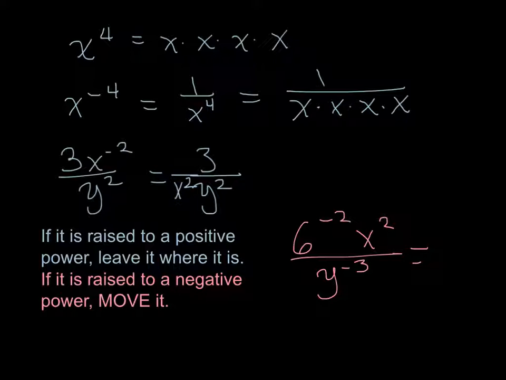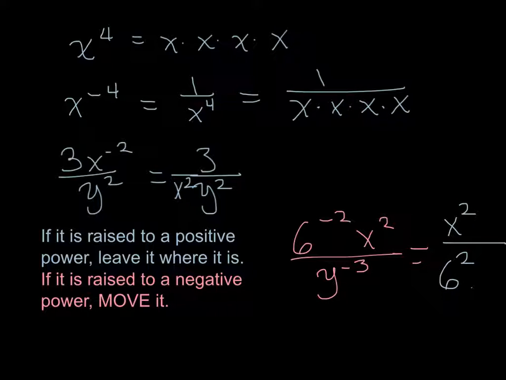Okay, so first of all, I have 6 to the negative second. I'm going to go ahead and now move that down into the denominator, and it will become 6 to the second in the denominator. Okay, I look at the x squared that's on top. It already is a positive power, so I leave it where it is. Then I look at the denominator and I have y to the negative third.